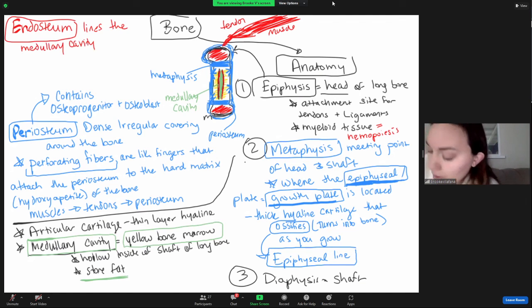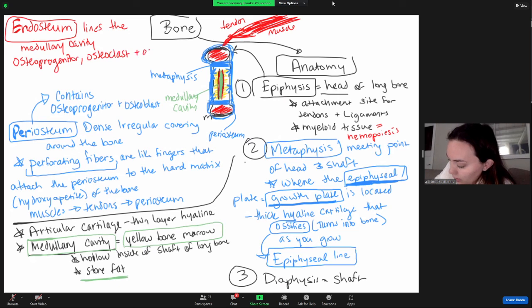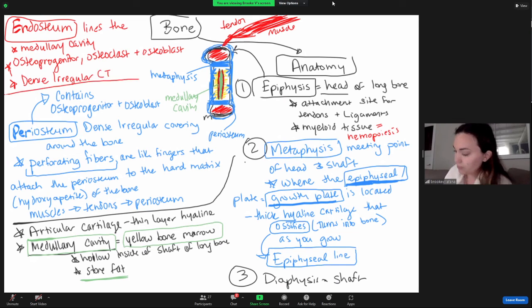Okay, lines the medullary cavity. It has the osteoprogenitor, the osteoclast, and the osteoblast. Those are the three cells that are found in the endosteum. And it is dense, irregular connective tissue, just like the periosteum was.